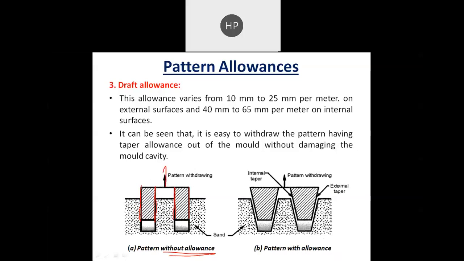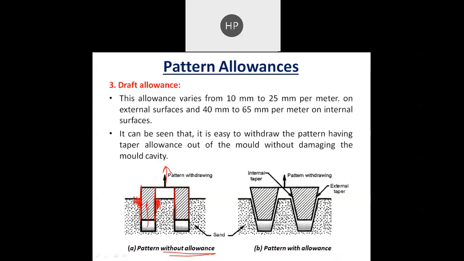When you are going to remove it, this straight vertical face may damage this portion of the sand. When we lift it up, it may damage this portion.